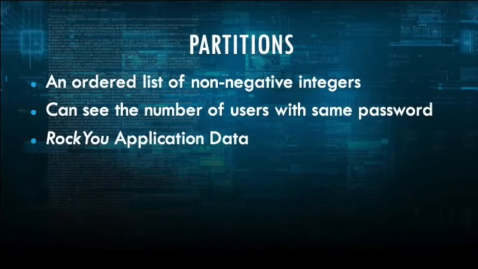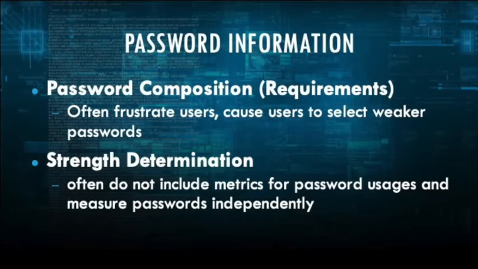For example, in the RockYou incident, approximately 20 million users were using the same 2.5 million passwords, which turned into about 8 people sharing one password. This is obviously a serious problem. Since we're talking about passwords, here's some password information.